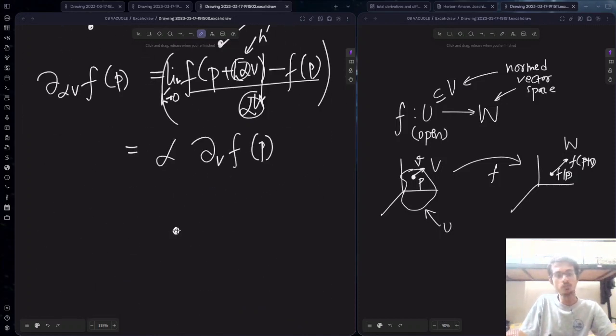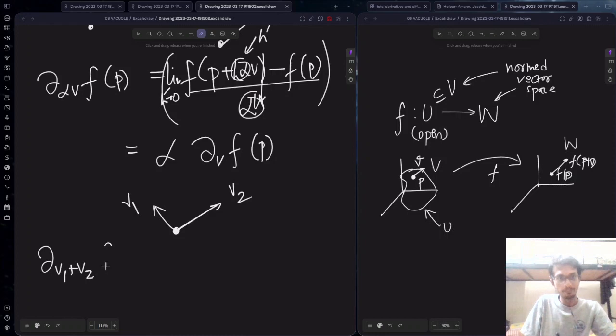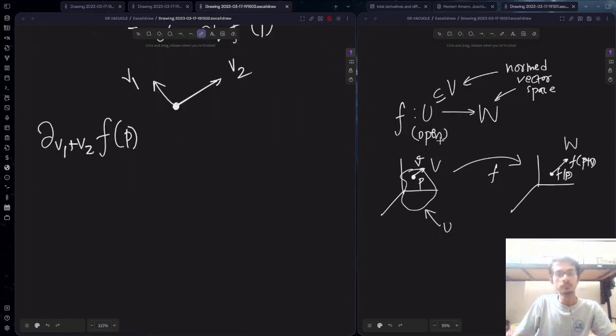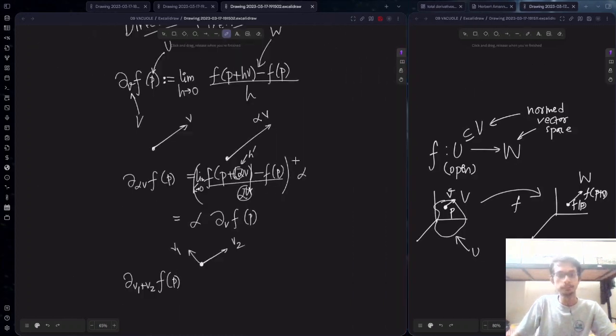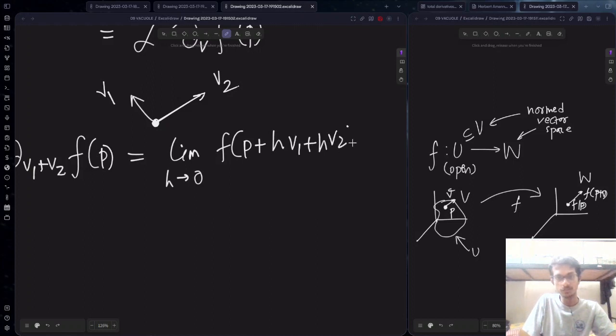But it is much weirder that it satisfies another condition, where if in the v1 and v2 directions the limit exists, then this quantity will look something like the limit of h tending to 0 of f of p plus h v1 plus h v2 minus f of p, divided by h, and we take the same limit.